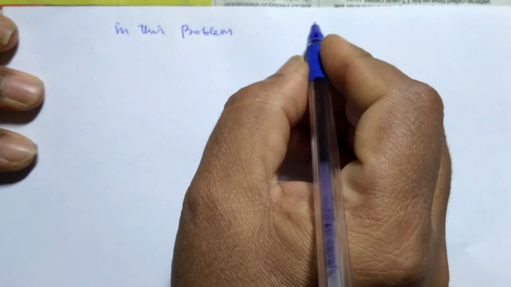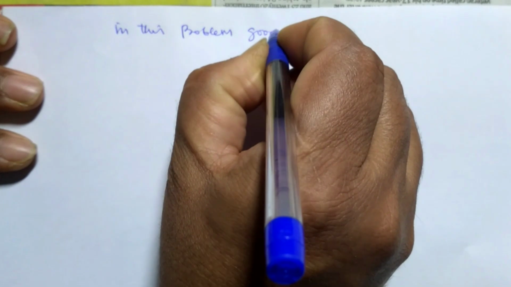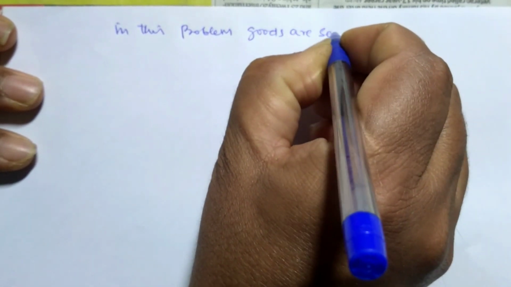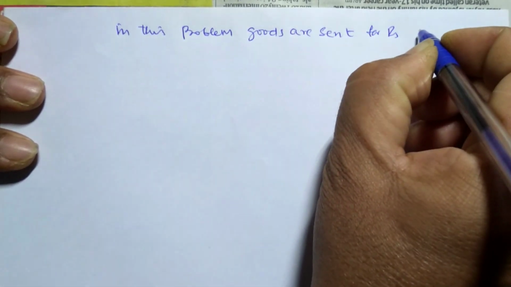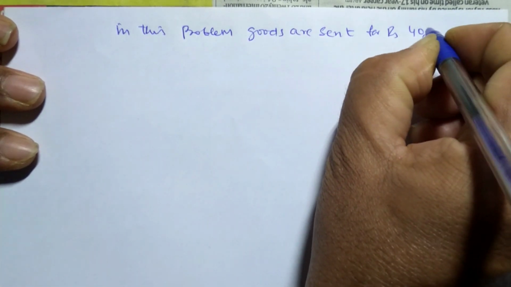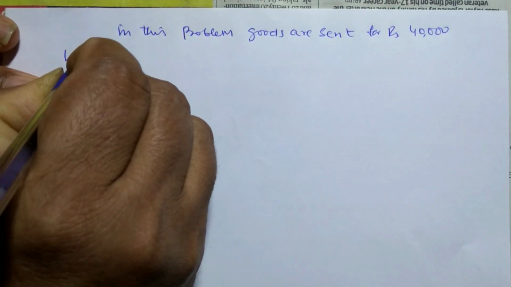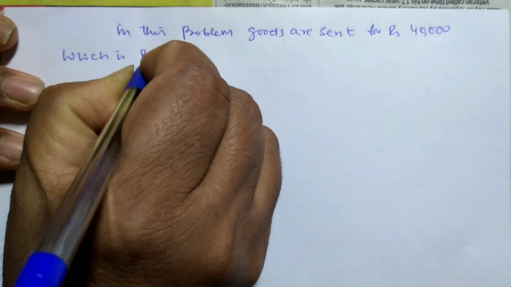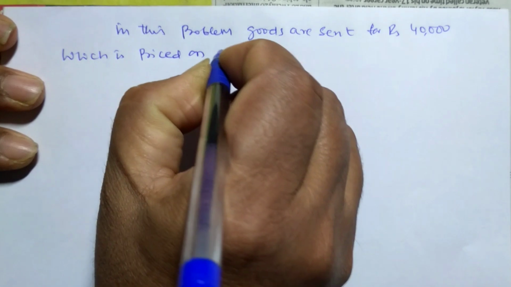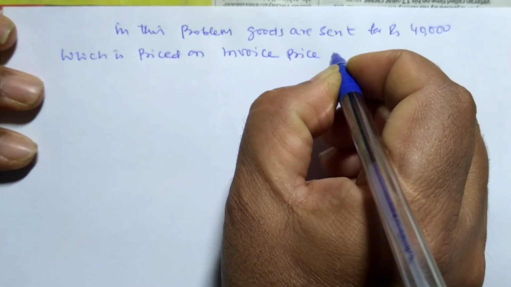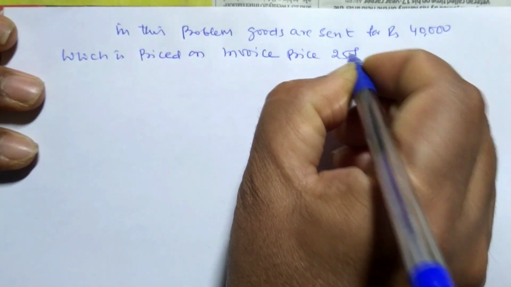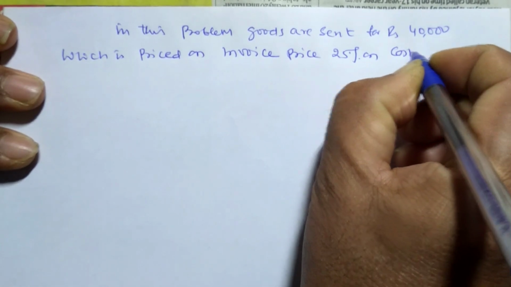In this problem, goods are sent for rupees 40,000, which is priced on invoice price, 25% on cost price.